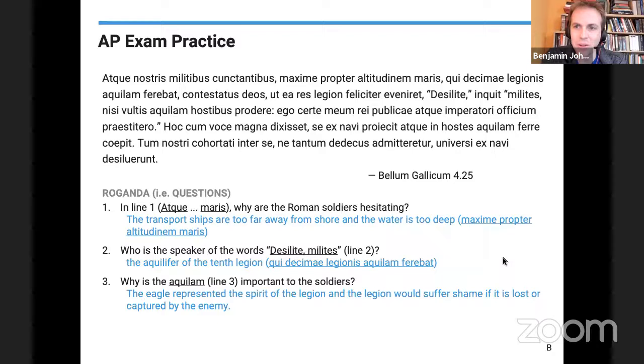But during the disaster with Sabinus and Cotta, the eagle makes its way back to the camp, and the guy carrying the eagle hurls it over the ramparts as he himself is being slain by the Gauls there. And they take the eagle, and I believe they bury it to make sure it gets refound, so that the eagle itself doesn't get captured, even if the soldiers end up perishing in battle. The eagle is safe.